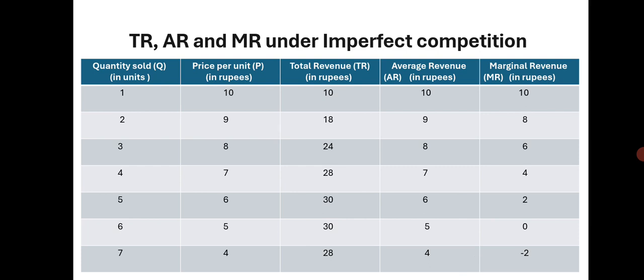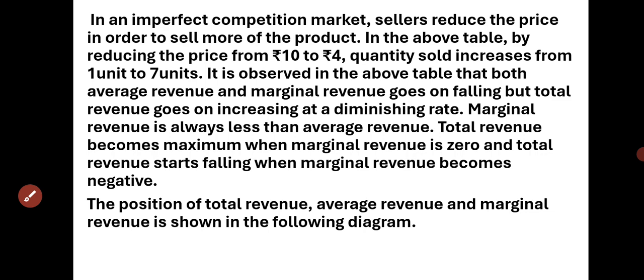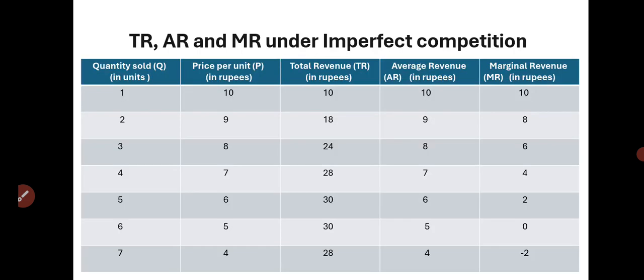Now, you see, marginal revenue is always less than average revenue, we have seen already, and total revenue becomes maximum when marginal revenue is 0, and total revenue starts falling when marginal revenue becomes negative. You see here, total revenue becomes maximum. What is the maximum point of total revenue?